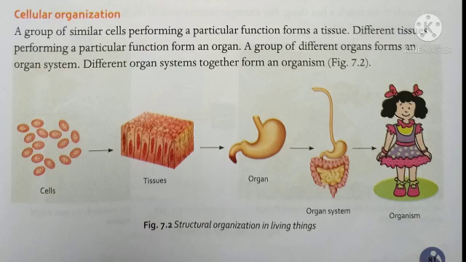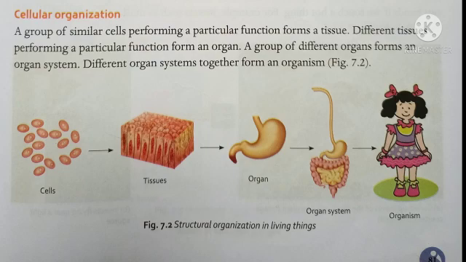Now students, what is cellular organization? Living things have a definite structural organization. The bodies of living things are made up of cells, which are the building blocks of the body. A cell is the smallest living structure that is able to function independently.